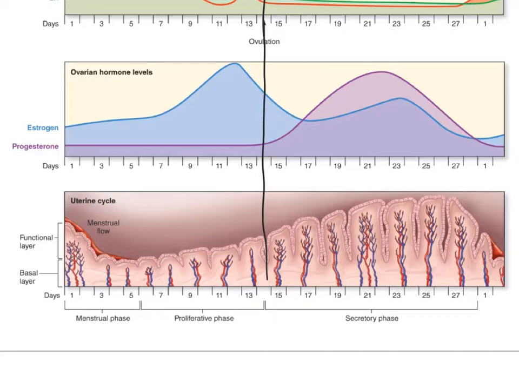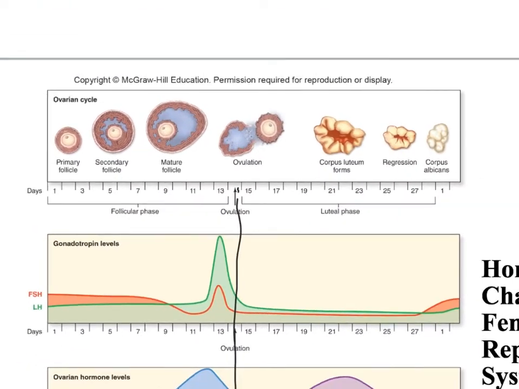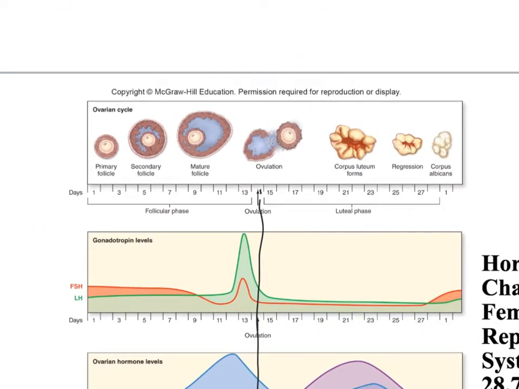But it is dependent upon hormones, especially steroid hormones, and those come from the structures in the ovary. So there are 3 phases of the uterine cycle: menstrual phase, proliferative phase, and secretory phase, dependent upon steroid hormones being produced from the ovary, the developing follicle, and the corpus luteum.